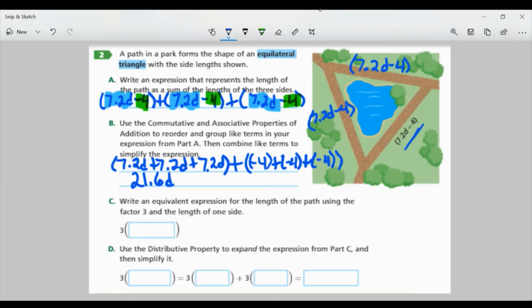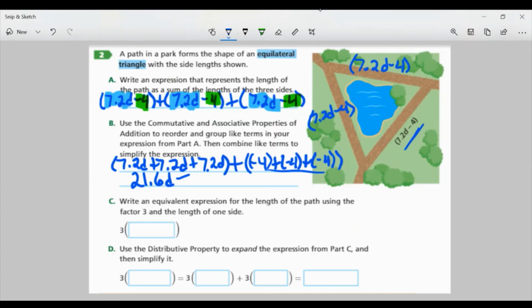When I combine my like terms inside the second set of parentheses, it's -4 plus -4 plus -4. All of my 4s are negative. They're all the same sign of a negative sign. So we want to add them all together and keep that sign.